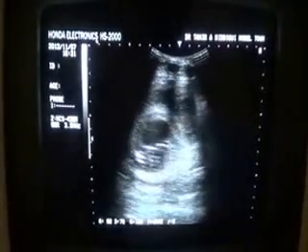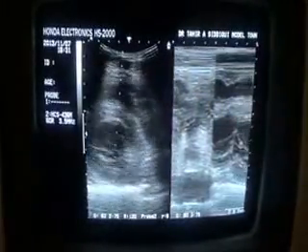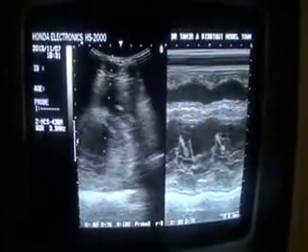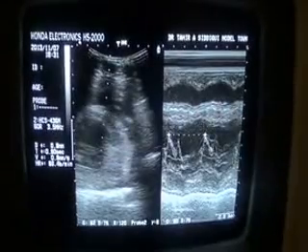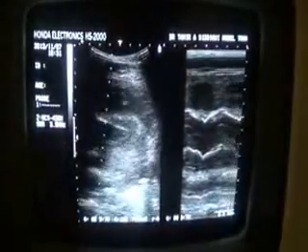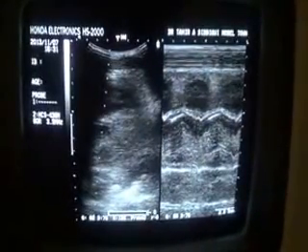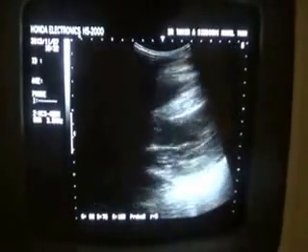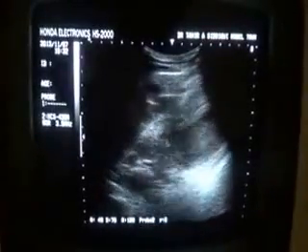All the chambers are dilated. The heartbeat at the time of ultrasound is 66 per minute with regular waveform. So we see congestive cardiomyopathy.